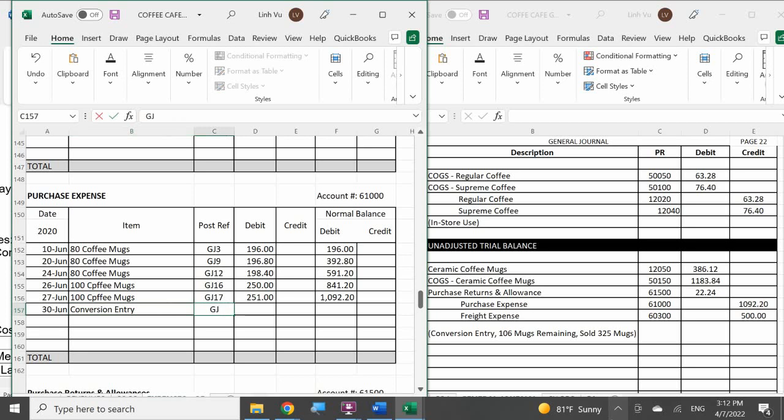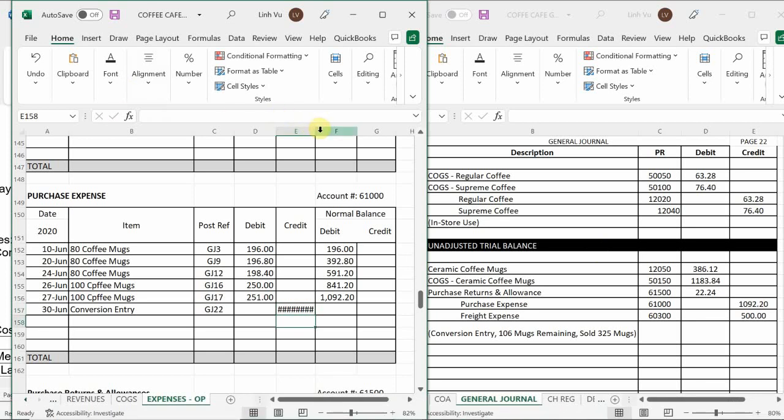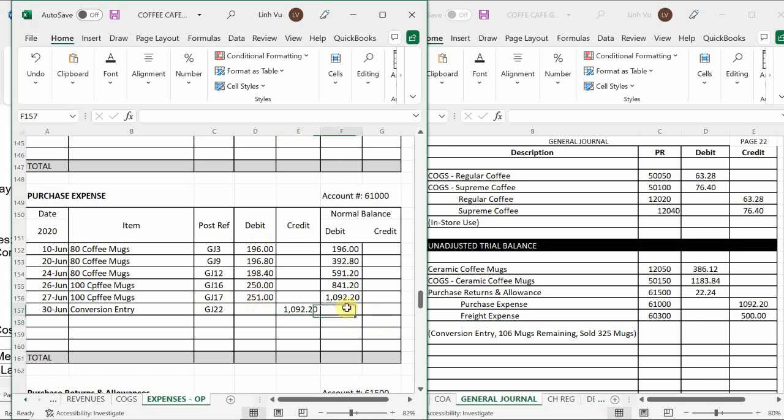Okay. Right, where we're going to credit our account for $10.92.20. So what should be my ending balance? 0. It should be 0. Okay.